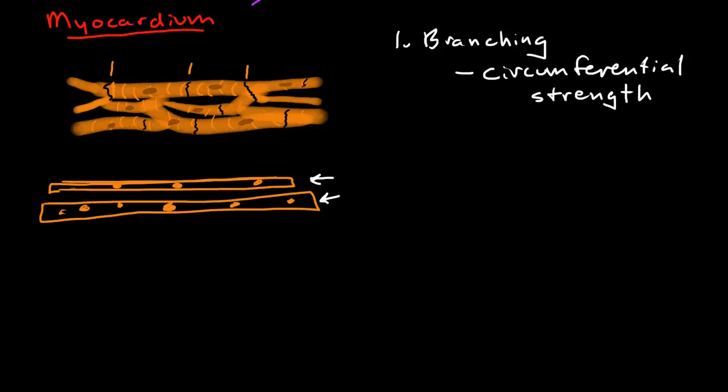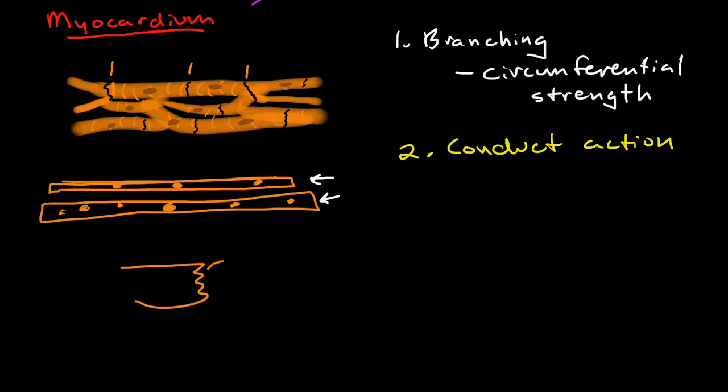Now, that's another difference of the myocardium, is that it can conduct action potentials. And it does this between cells because each of these cells is connected to another with a series of little protein pores.